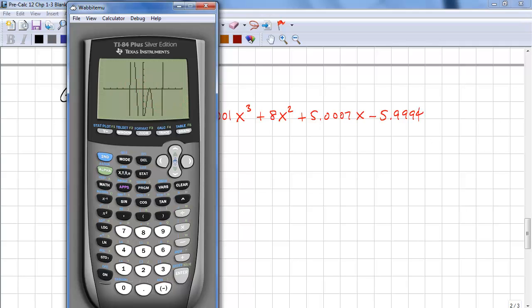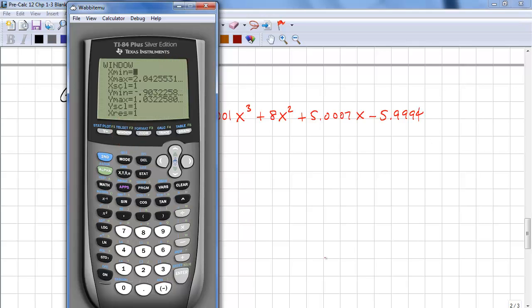Or do we? It looks like it bounces off there. But let's zoom in. It still looks like it bounces off.